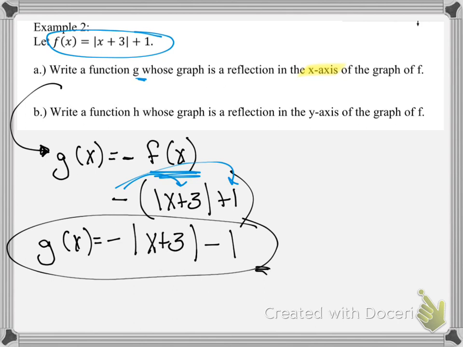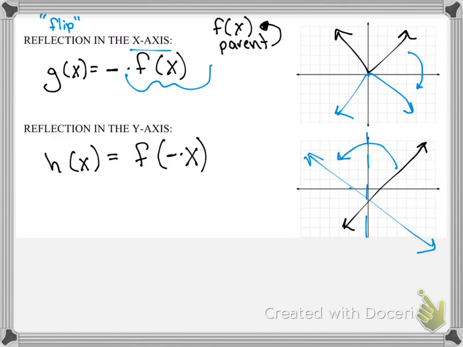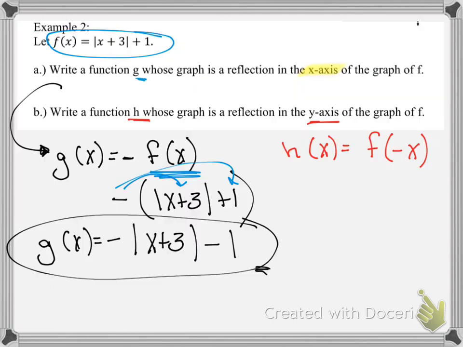Okay. So now on the next one here, let's switch colors to help us. Write a function h whose graph was a reflection in the y-axis of the graph. So if I want to reflect over the y-axis, my new h would be f of negative x. So now here, instead of putting the negative out front, I want to put the negative in here on the x.